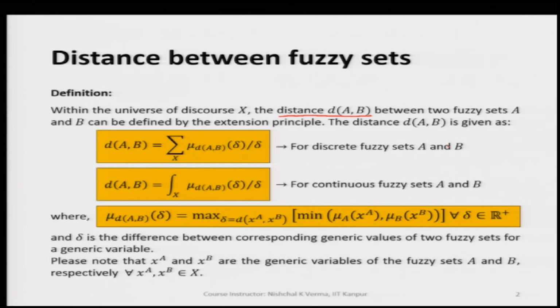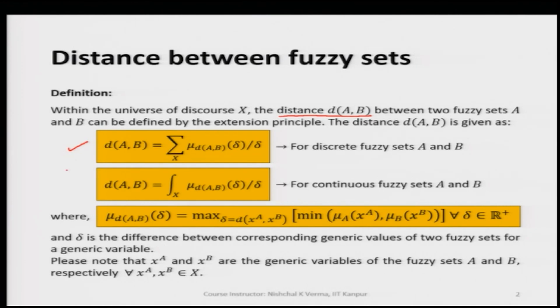Here we have two formulae: one is for discrete fuzzy sets A and B. Let us say we have discrete fuzzy sets, then we use this formula to find the distance between two fuzzy sets A and B.